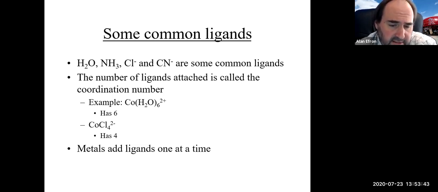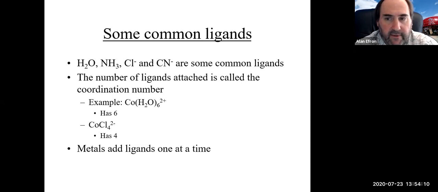So in these two examples, both of those ligands are monodentate. So there are 6 waters, each of the waters attaching via the oxygen, and that gives us a coordination number of 6. The Cl- is the second one, again monodentate, since there is obviously only one atom in Cl minus, and it would give us a coordination number of 4.